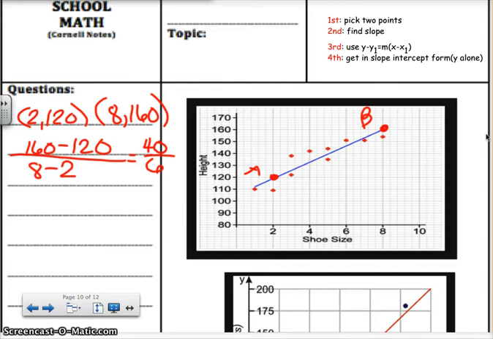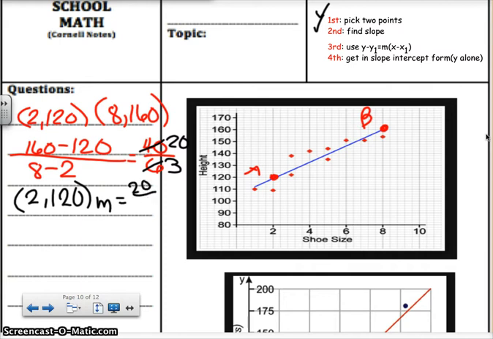Not fully simplified, half it. So that'd be 20 over 3. Okay, that was step 2. I just follow my steps. Did it. Okay, use point slope. Well, then I need a point. So I pick the first one. M equals 20 over 3.